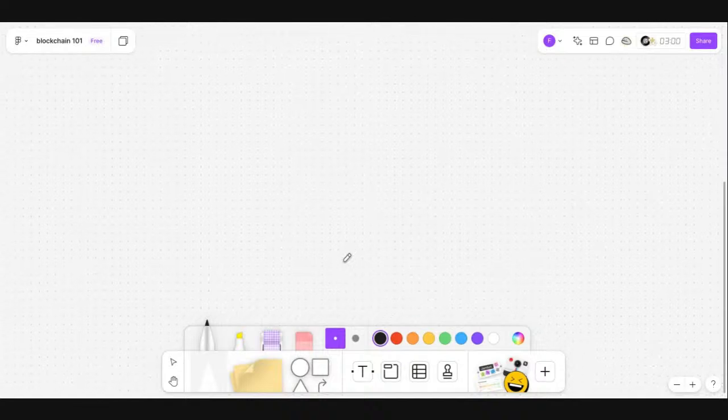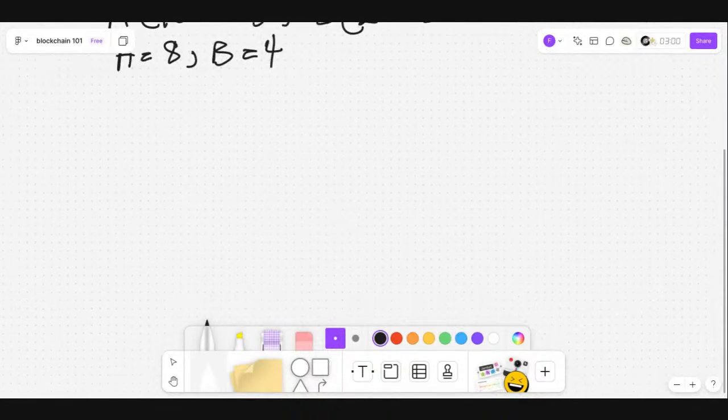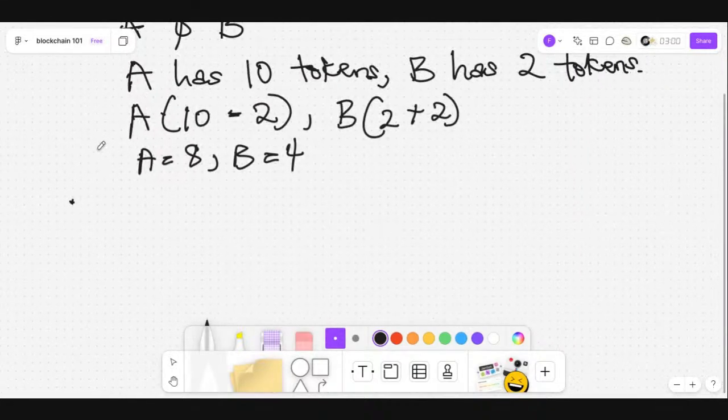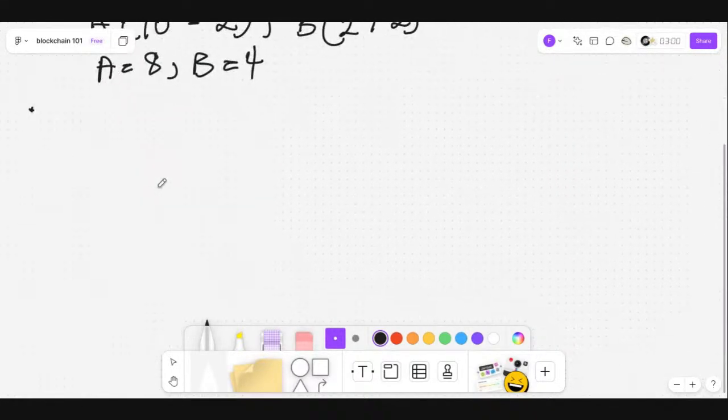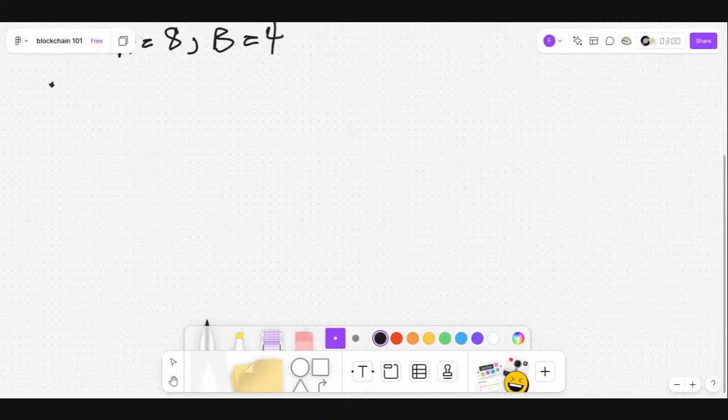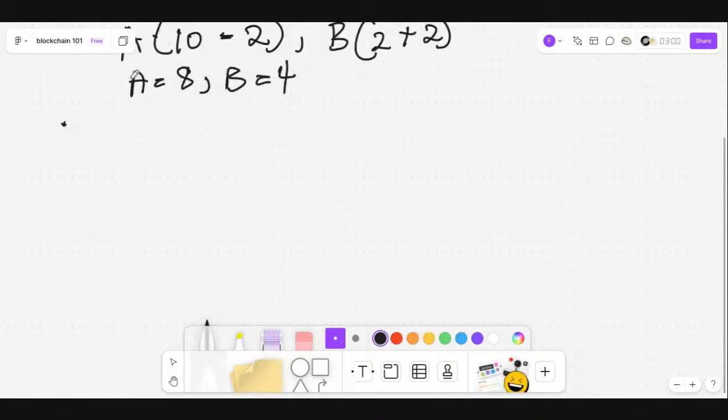So, for example, after person A has done this transaction, in normal mathematical state, we believe person A's balance to be 8 and person B's balance to be 4.